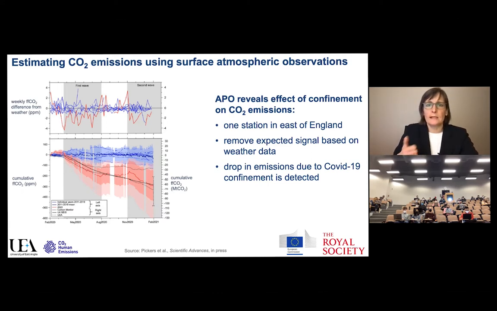With this one station in England, you're able to detect the change due to the COVID confinement by applying this data and removing the weather effects. So we think that with a little bit more refinement, we would be able to start detecting and verifying changes in CO2 emissions from direct observations.